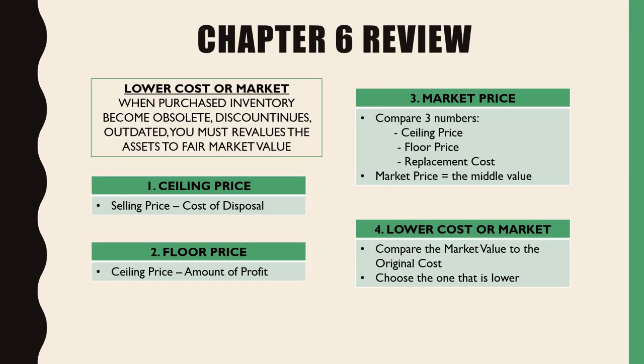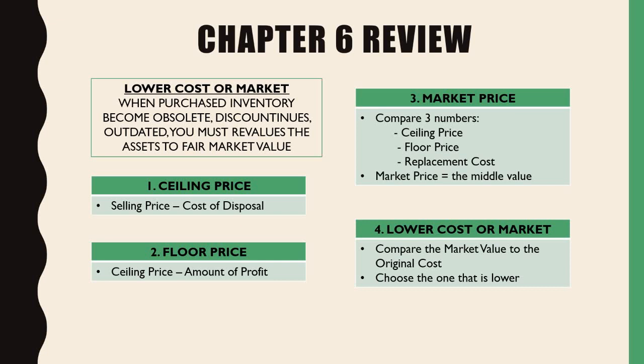So, here is a review for this test. I'm not going to test you on whether you know how to use the direct or indirect method. I want you to simply understand this: how do you solve for the lower cost of market? If you can determine which one's lower, can you determine whether you need to make an adjustment or not?